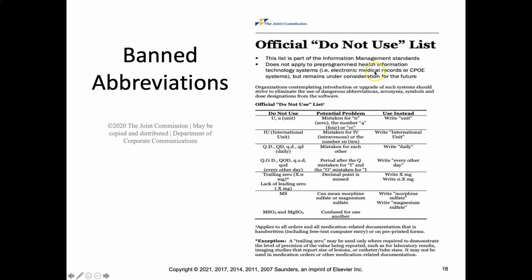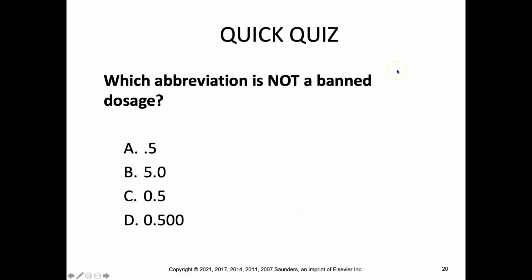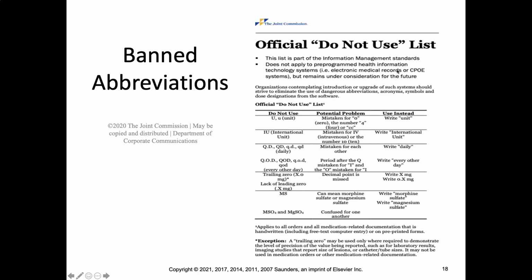So unless you're using EHR, EHR CPOE systems, where it's very clear, it's not something that can be handwritten in or circled or anything like that, anything outside of that EHR or CPOE system, you can't use these abbreviations. You're not supposed to because they have caused medical errors.